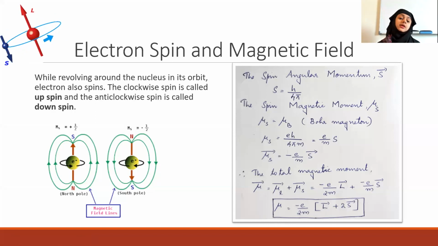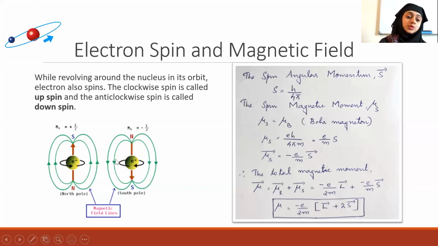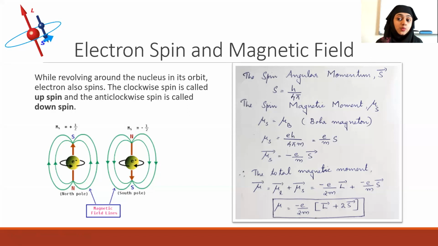Yes, teacher. So if there are two electrons having opposite spin, then the magnetic field produced by one is upwards, the other one is downwards. So when they are near to each other, they will mutually cancel. So all the atoms which have an even number of electrons will have their spins in opposite direction, and so they cancel each other.